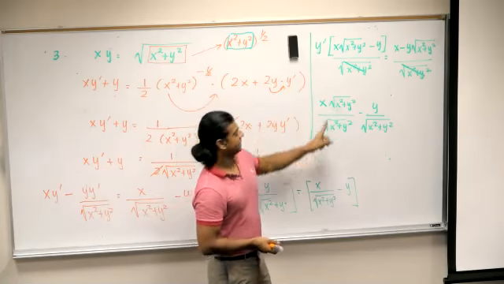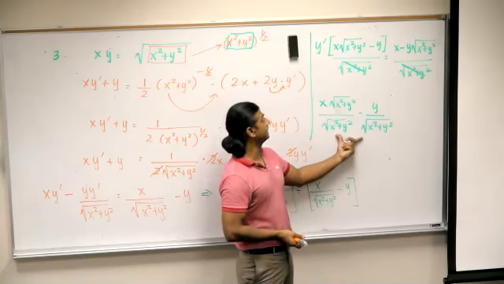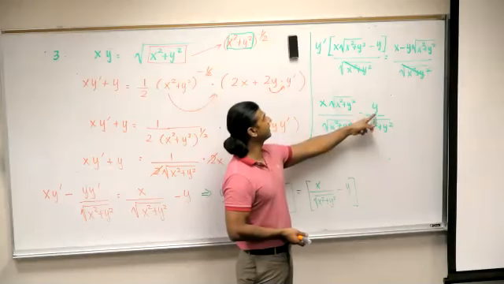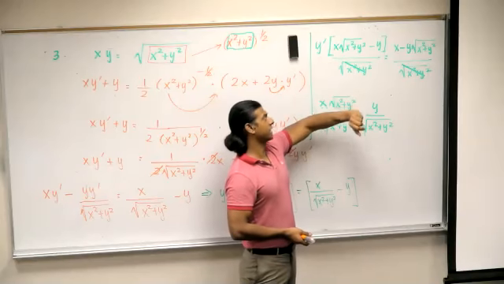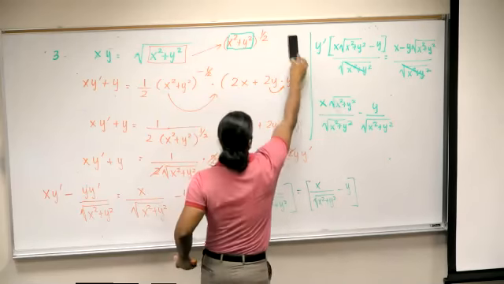I can combine those two because it's a common denominator. So common denominator, combine the numerators. So x square root of x squared plus y squared minus 1.